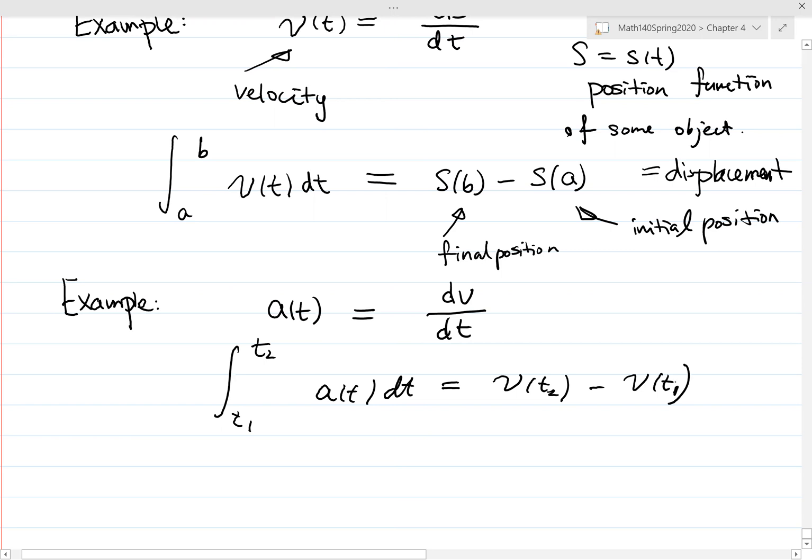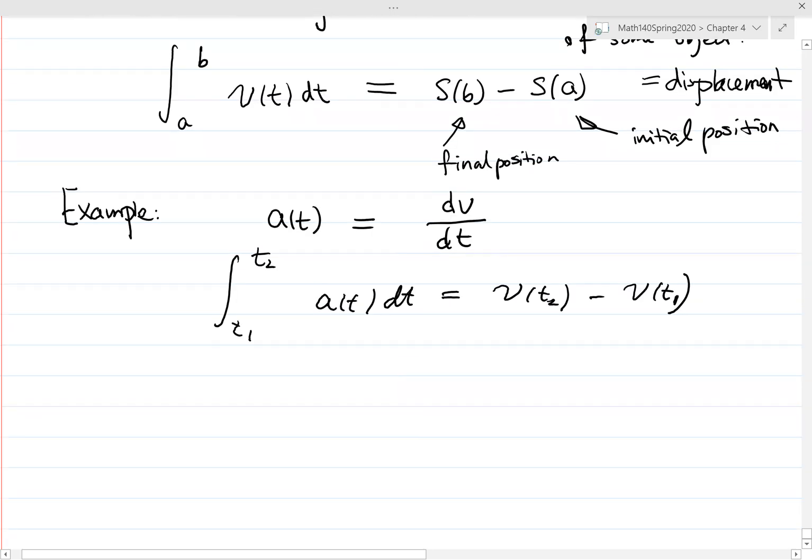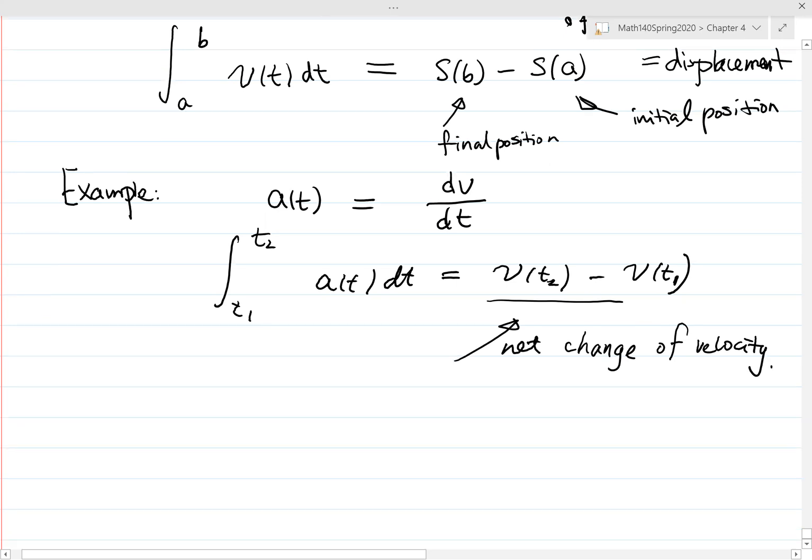The right side is the net change of velocity, so final velocity minus initial velocity. Okay.